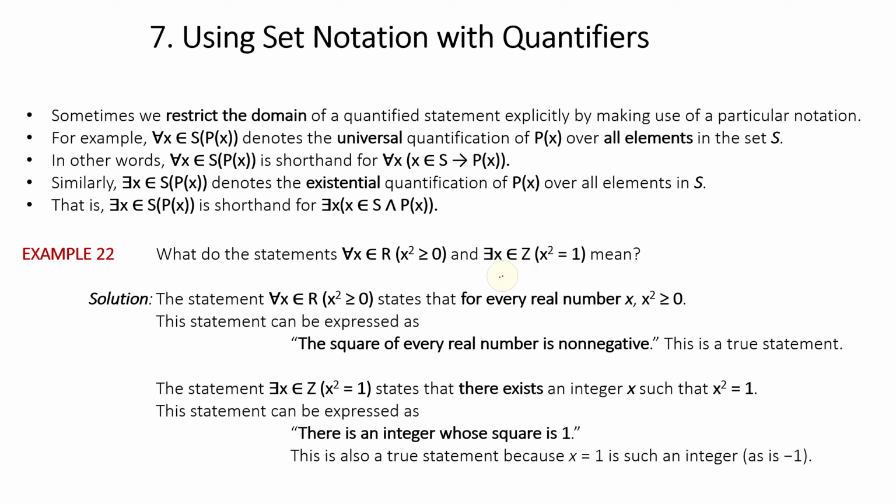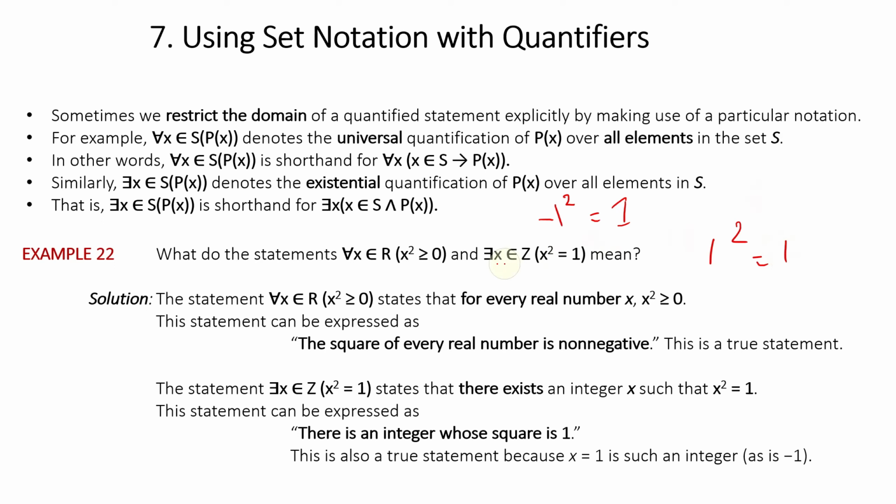And what about this one? This one means there is an integer whose square is going to be equal to 1. There exists an integer whose square is equal to 1. Basically minus 1 is one of them, because minus 1 squared is 1. Also, 1 squared is 1.